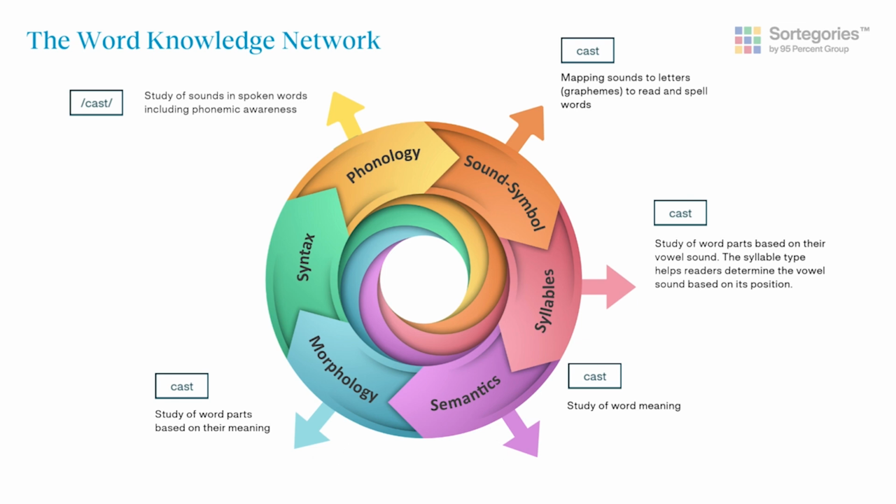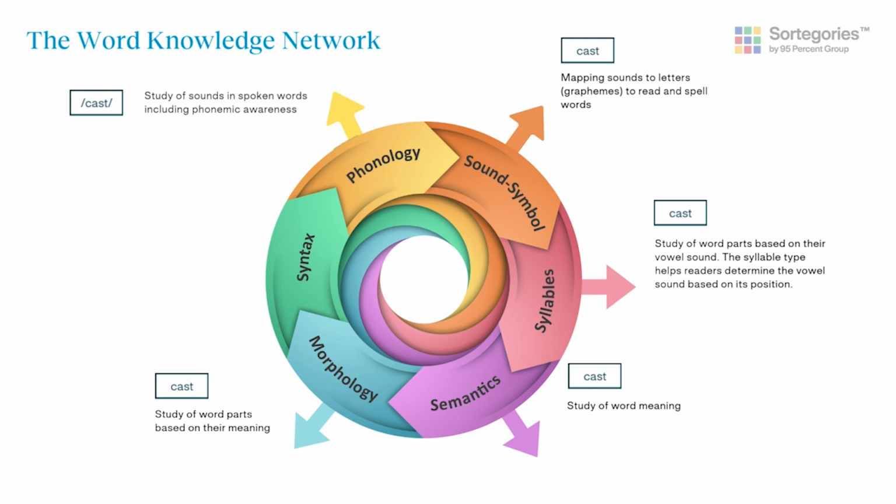Or I could add the prefix re to make it recast, which means I'm doing it again, casting again. So by adding these components, morphological units, we can build more new words and build our vocabulary.